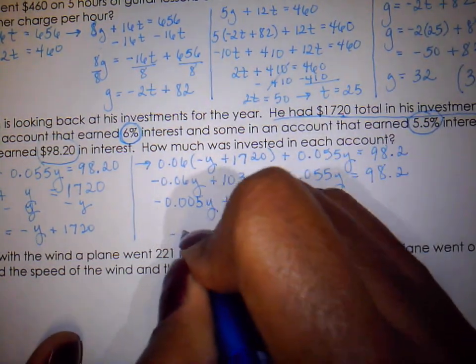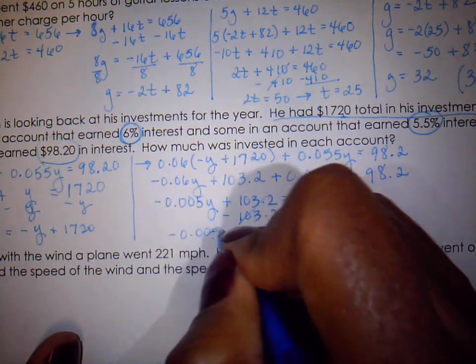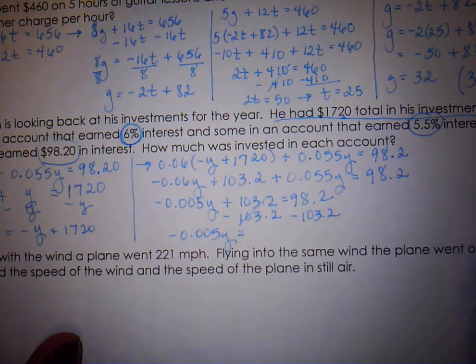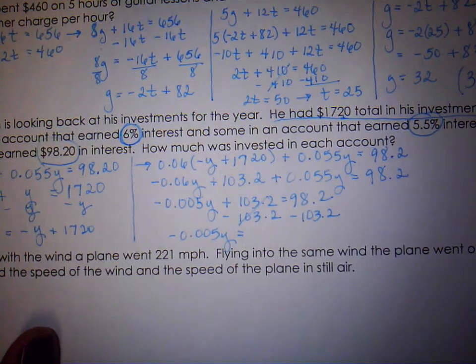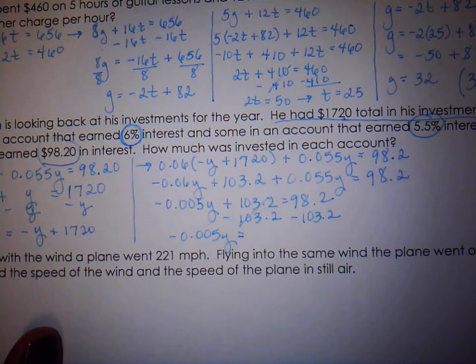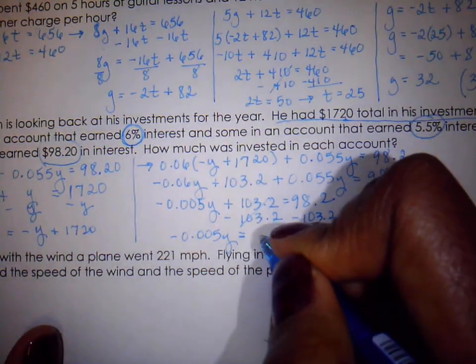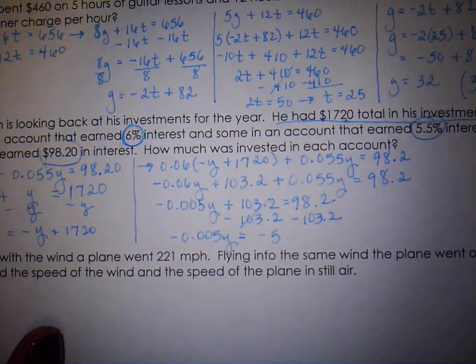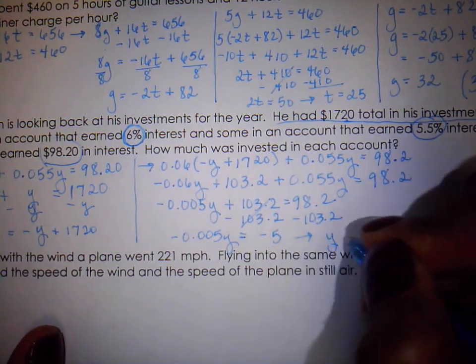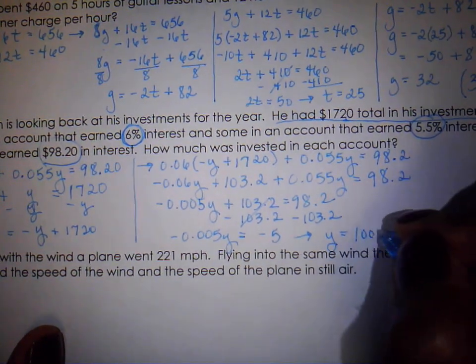And I have negative 0.005y equals, let's see, 98.2 minus 103.2 equals negative 5. And then I'm going to divide both sides by 0.005. And I get that y equals $1,000.